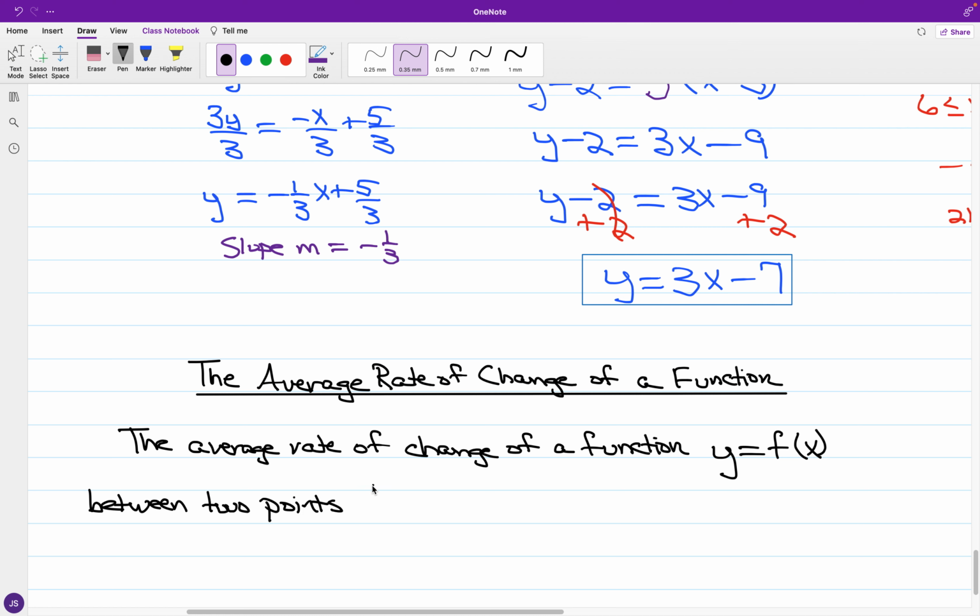Say the first point, okay, now in functional notation terms, you have x1, f of x1. But essentially what this is, it's just another way of saying x1, y1.